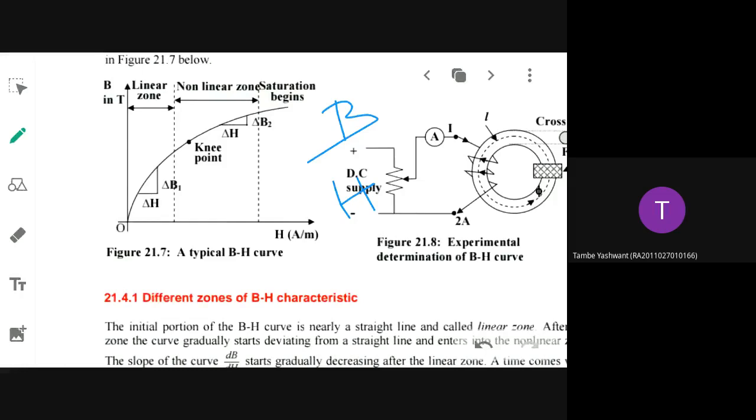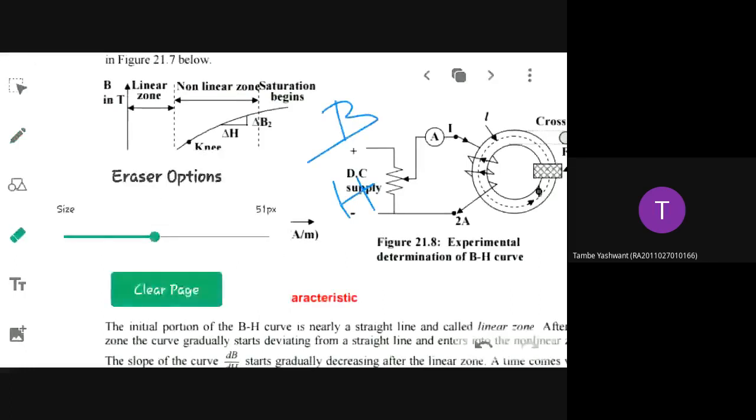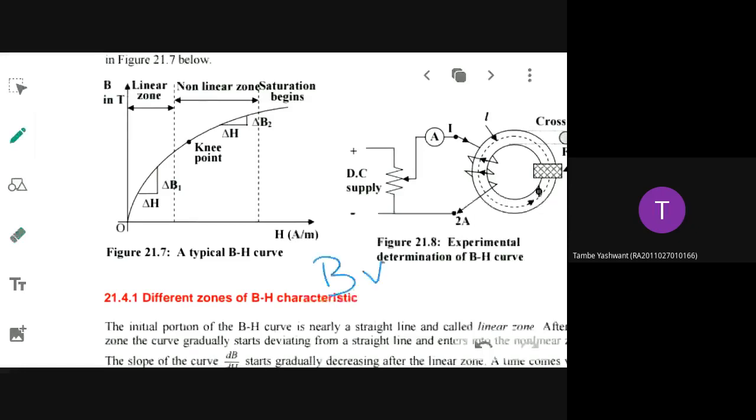Ma'am, B is flux density and H is magnetizing force, magnetic field strength. Okay, so if you are drawing a curve of B versus H, that curve will be called what curve?